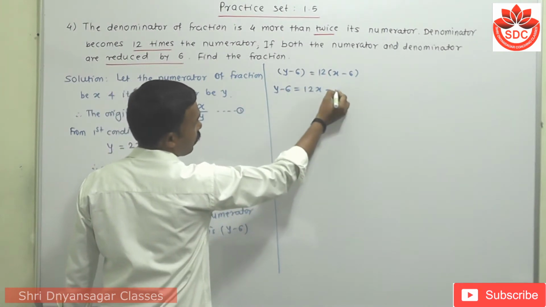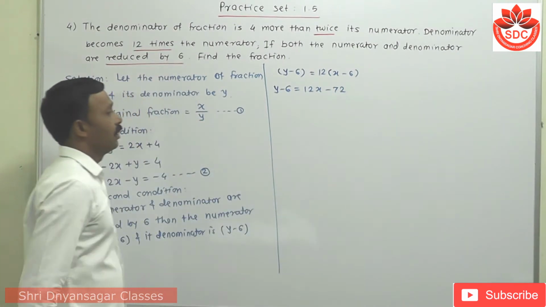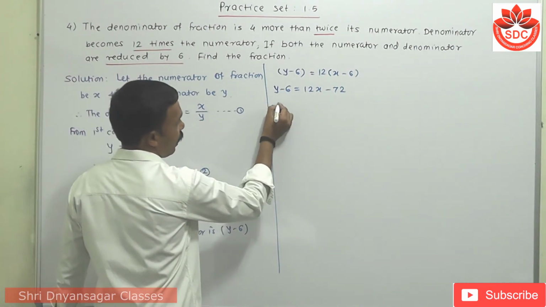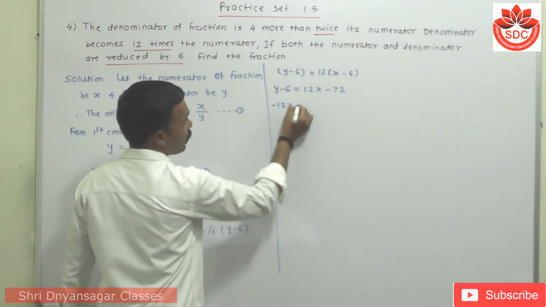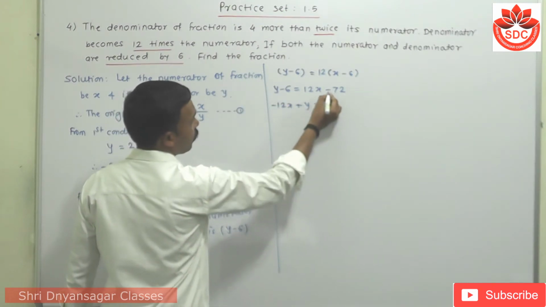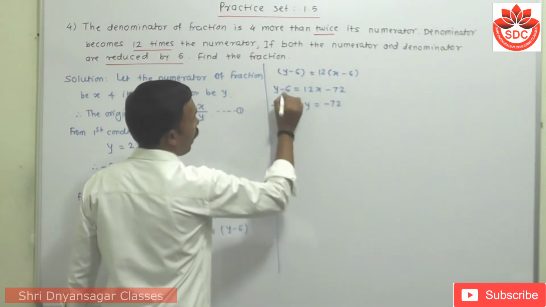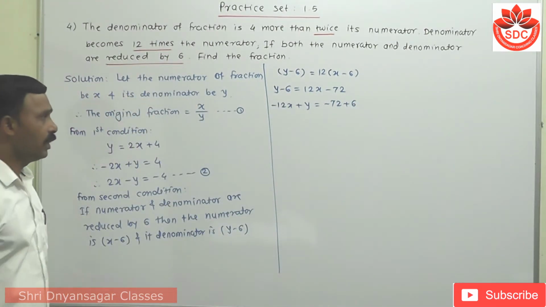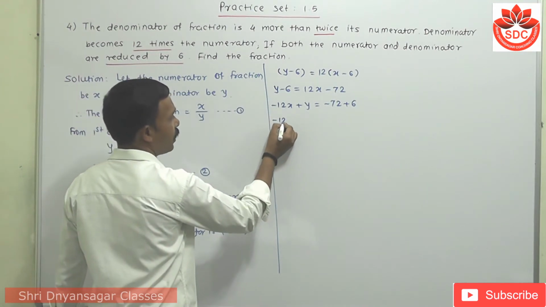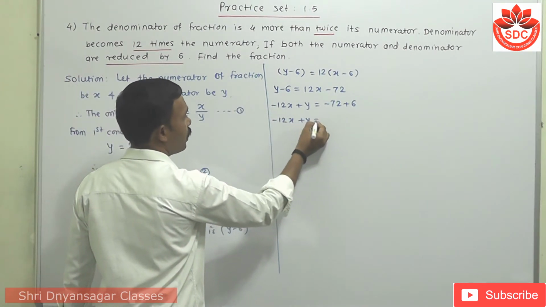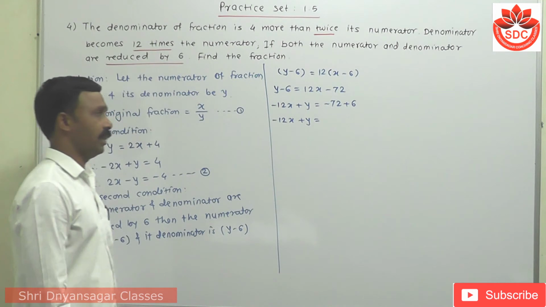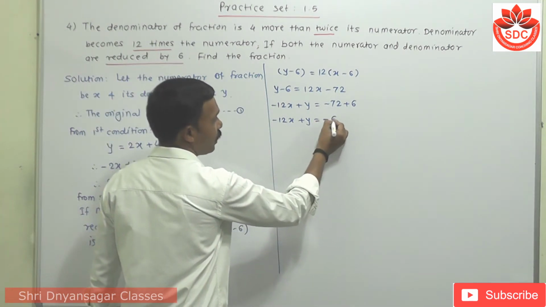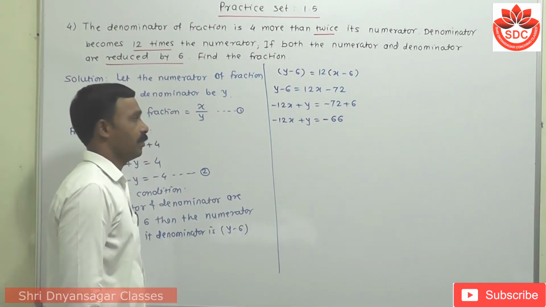minus 72, since 12 times 6 is 72. Then transposing, we get minus 12x plus y is equal to minus 72 plus 6, which is minus 66.